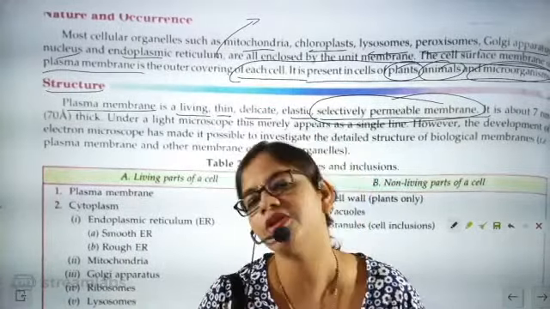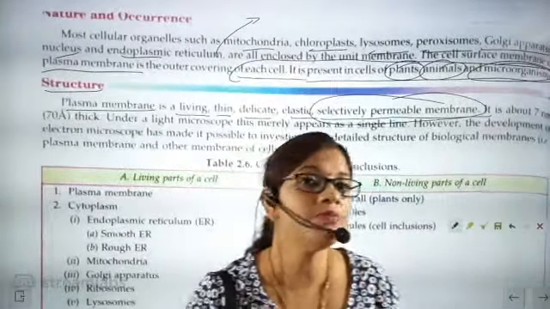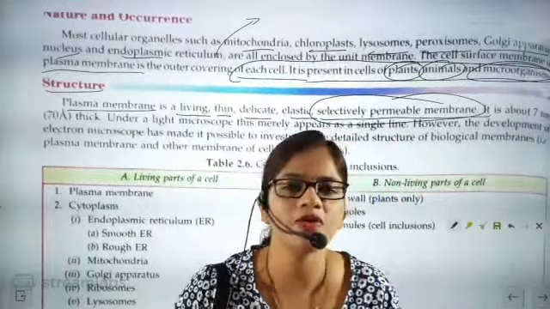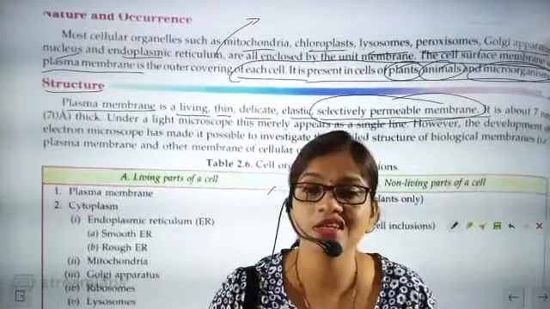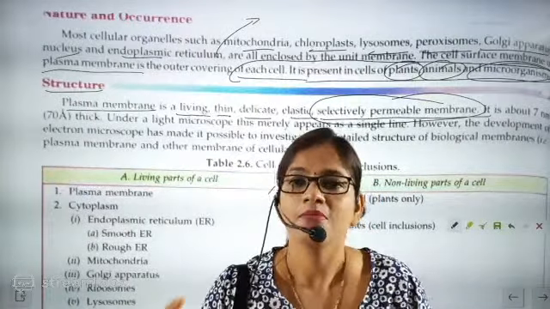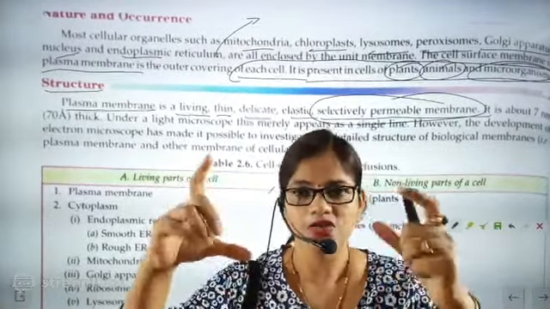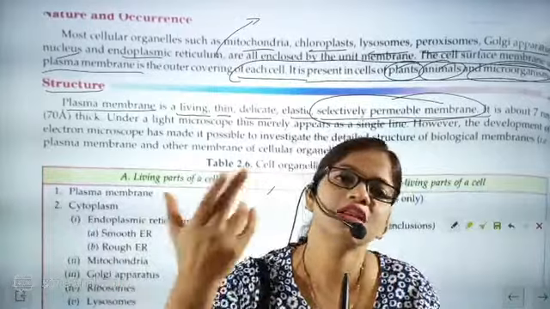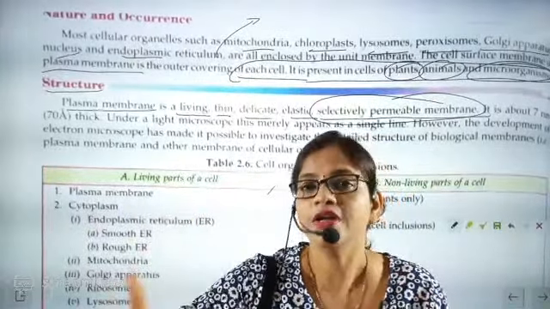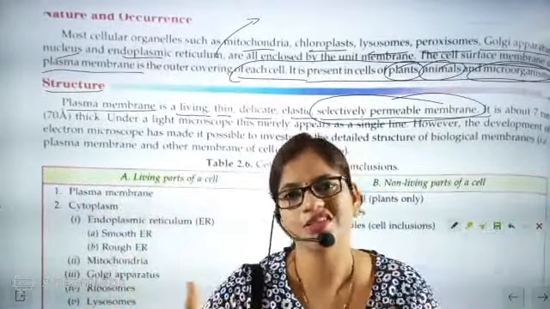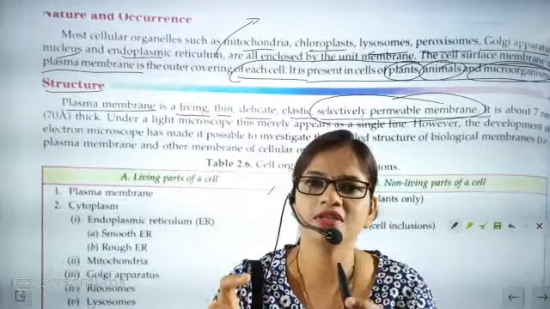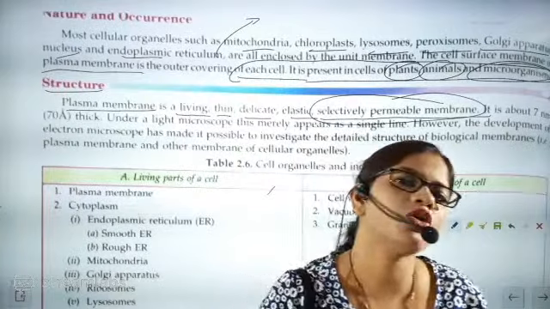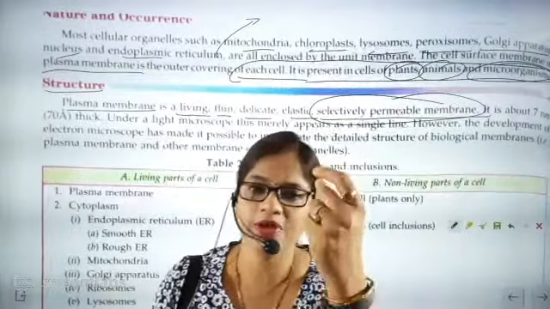That's why the plasma membrane is also called a selectively permeable membrane. It restricts the content going inside, maintaining the cell size, because it does not allow everything to go in at once. So it is controlling the size also.